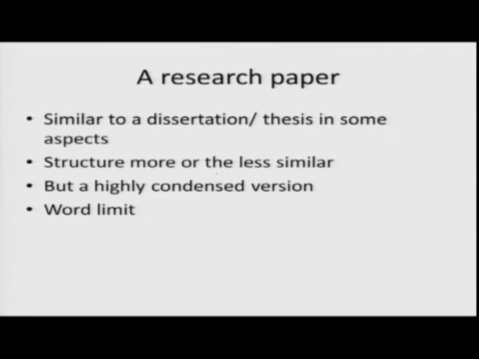However, a research paper has a strict word limit. Most of the times it is about 2000 words to 5000 words. So, one aspect which makes a research paper different is that it is a highly condensed version.